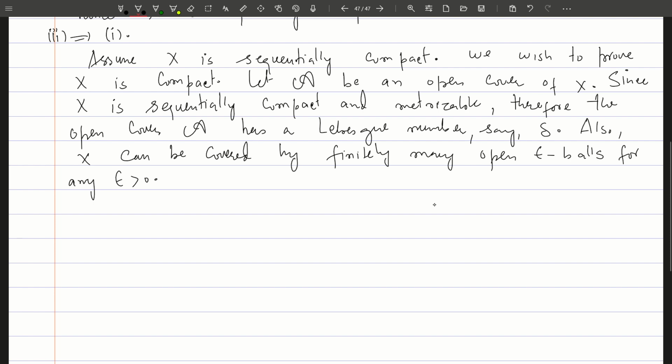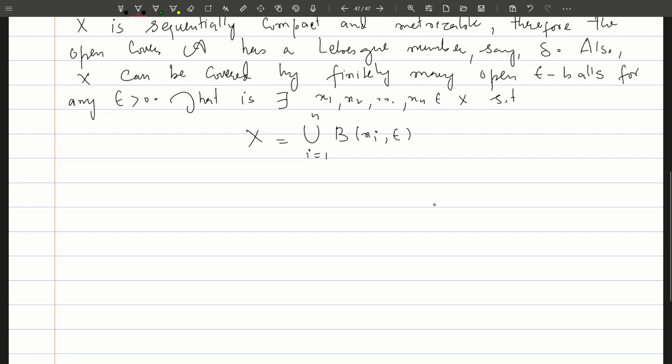So what does this mean? This means we can pick points, say x1, x2, and so on, xn in X, such that we can cover X by the balls centered at xi with radius epsilon, where i varies from 1 to n. So that is what we mean by X being covered by finitely many epsilon balls.